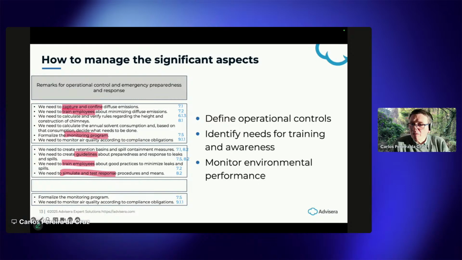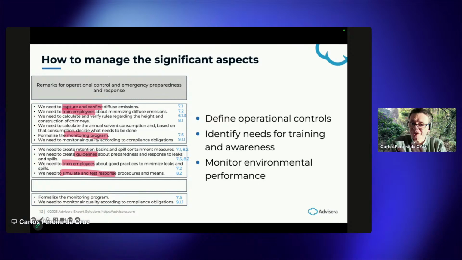Right, now, okay, so we have a question here from Anna. Is the criteria defined the same for all aspects, or should they be different depending on the aspect? Normally what I do is I follow the criteria normally for small, medium enterprises and for not very complex organizations.